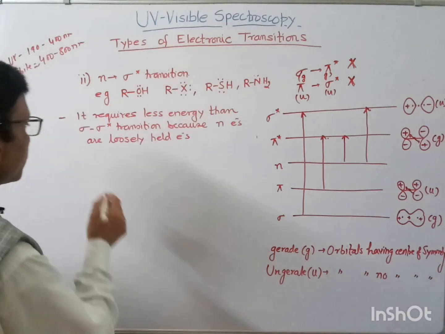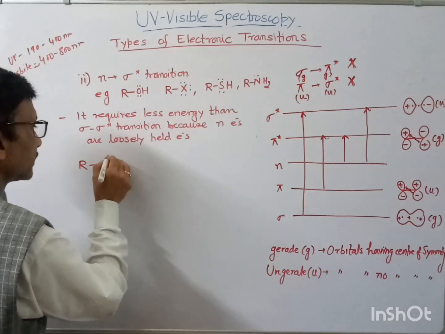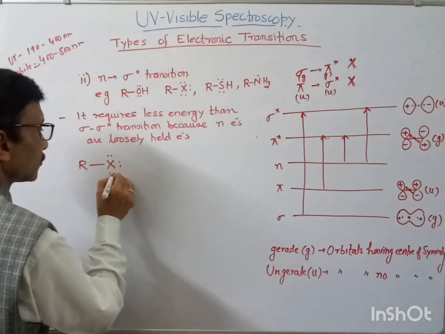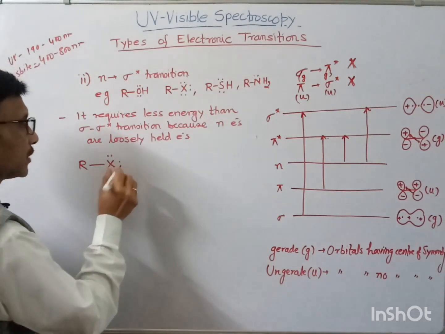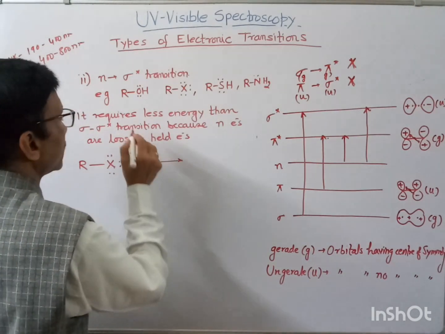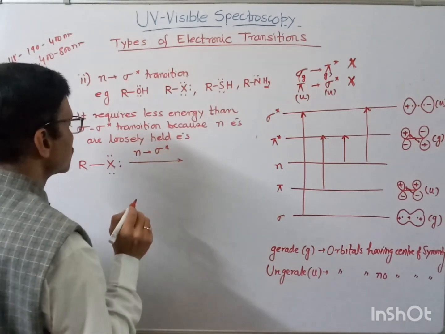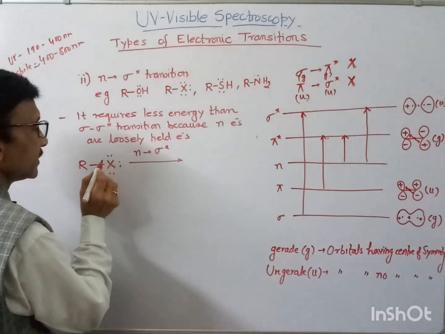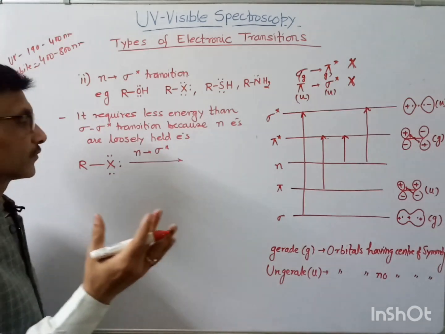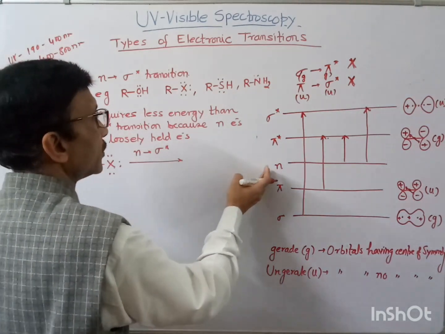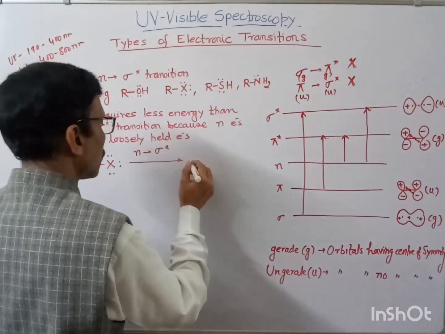Okay, we can represent it in this way. Suppose we have an alkyl halide, and n electrons or lone pairs of electrons are present on the halogen atom. After absorbing light, n to sigma star transition is possible. One of the electrons gets excited from the non-bonding orbital to the sigma star, the anti-bonding sigma orbital.